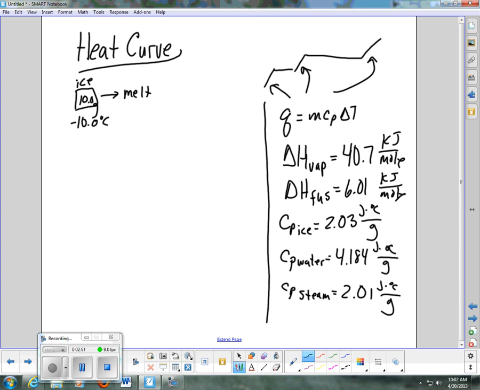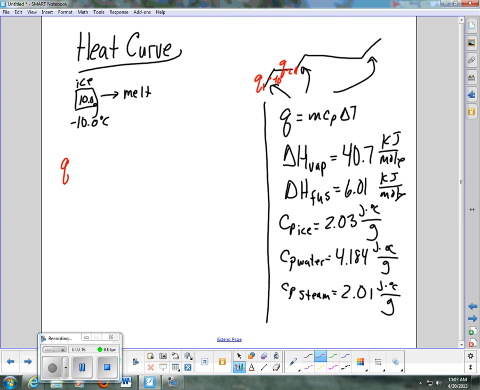So I am going to be going through Q1 and Q2. Those are the only parts I'm going to go through. I'm going to start here at Q1 at negative 10, and go right to the point where I would start heating my liquid, when I've melted all my solid. So the first Q is on a slope.